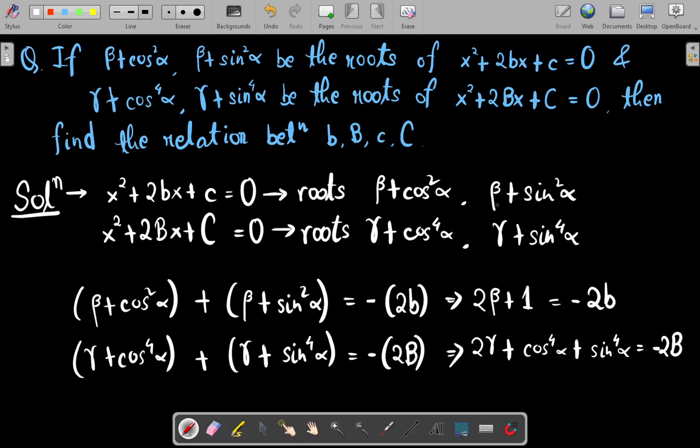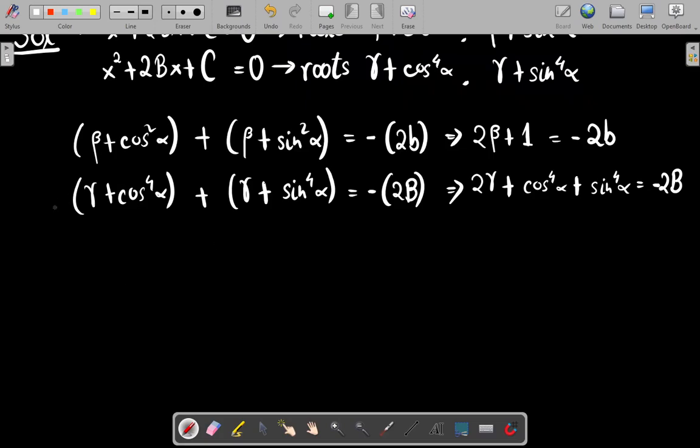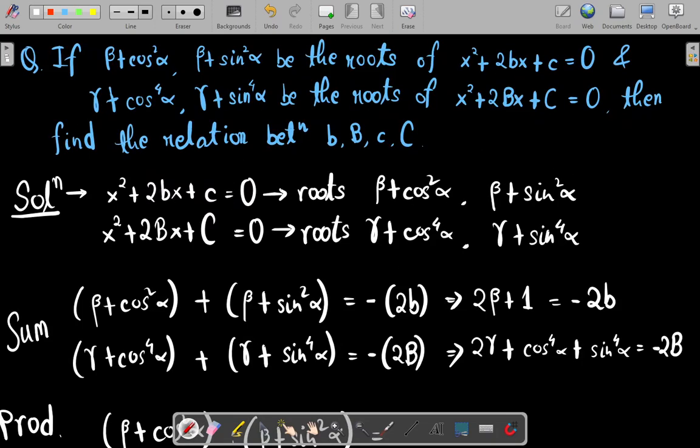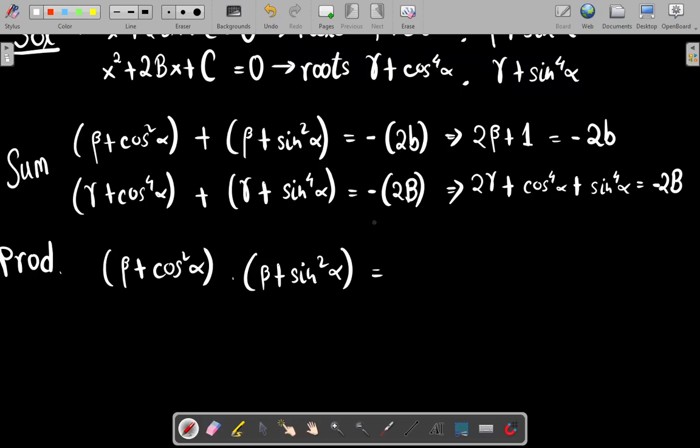Now if we look at the product of roots, we have the roots beta plus cos square alpha times beta plus sine square alpha in the first equation, which will be equal to the constant term upon the coefficient of x square, so this will be equal to small c.